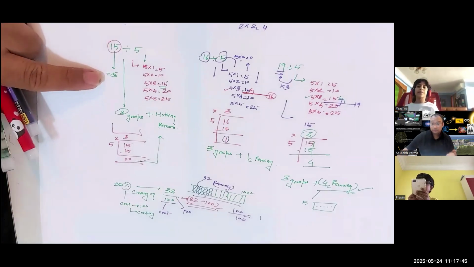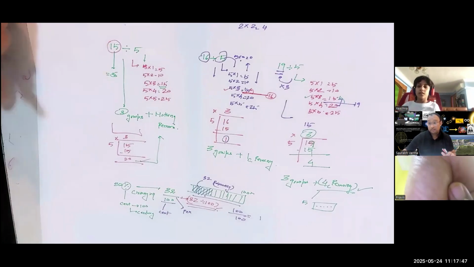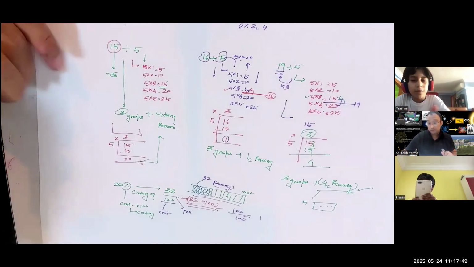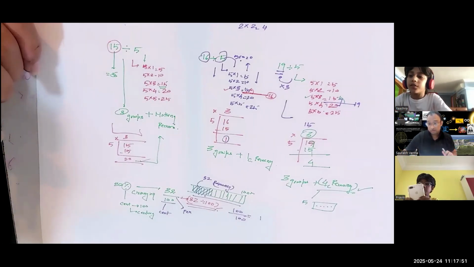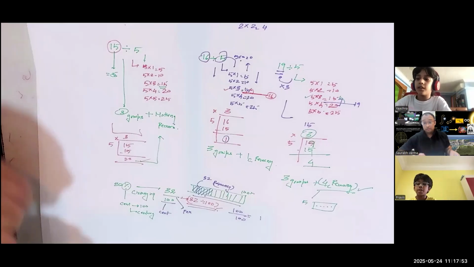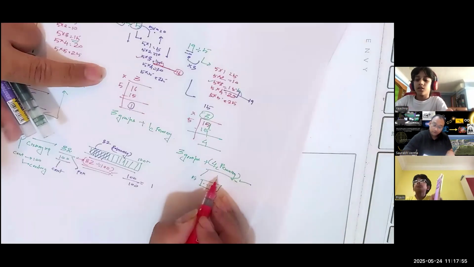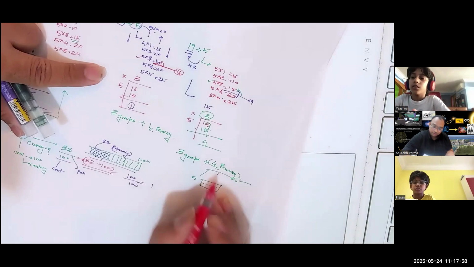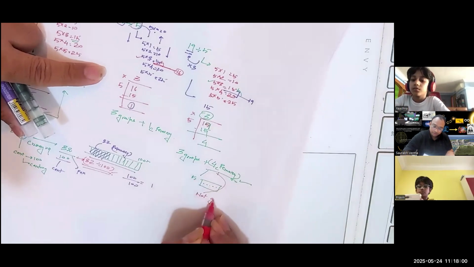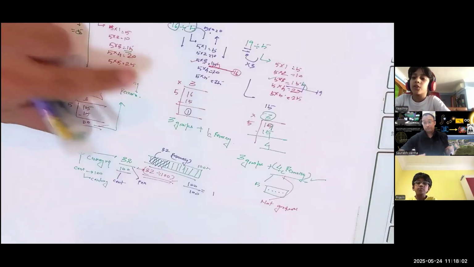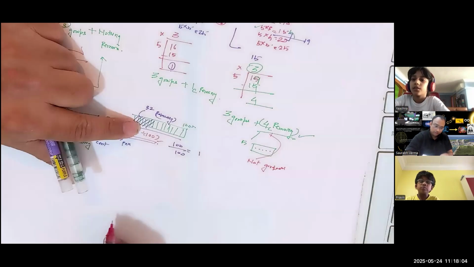So 3 groups and 4 chocolates remaining, that is not grouped. This is the 3 groups I already mentioned.